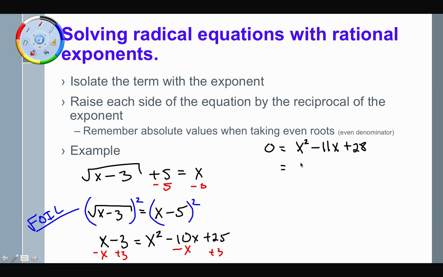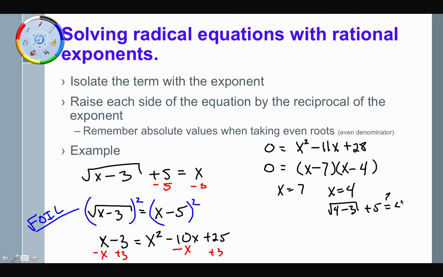And as with all quadratics, we're going to factor in order to solve. Two numbers that product to 28 that will sum to 11 are negative 7 and negative 4. So that means x is equal to 7 and x is equal to 4. But what you'll notice is if you plug in x equals 4, you get the square root of 4 minus 3 plus 5, and we want to know, does that equal 4?